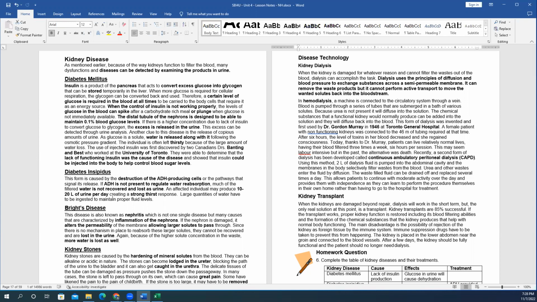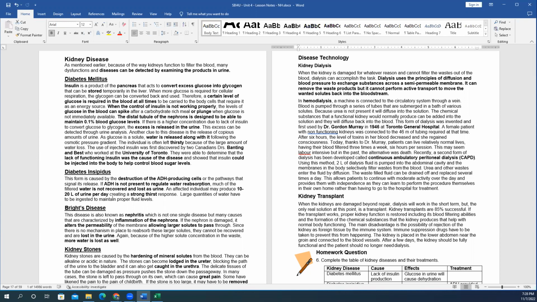And so anyone who has this type of disorder produces a lot of urine, and is often left feeling very thirsty because of the large amount of water lost in frequent urination and large urine production.